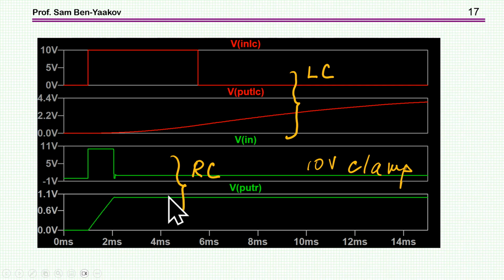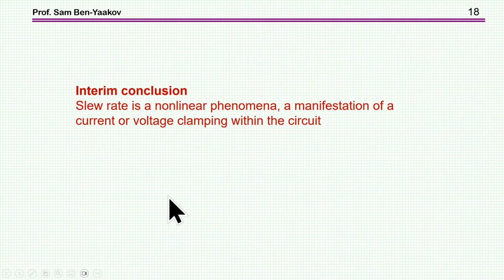It has nothing to do with it. I mean, it's affected by it, but it's not following the equation that I've shown earlier. So the interim conclusion is that slew rate is a nonlinear phenomenon. It's a manifestation of a current or voltage clamping within the circuit, and it is not a consequence of the expected linear response.